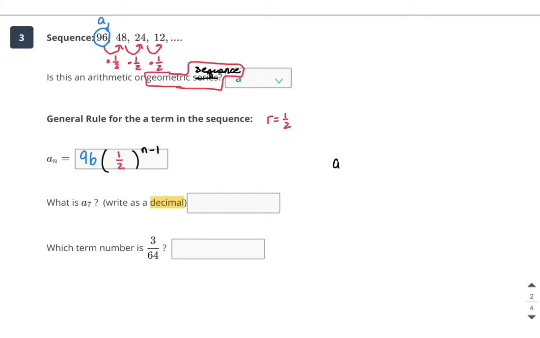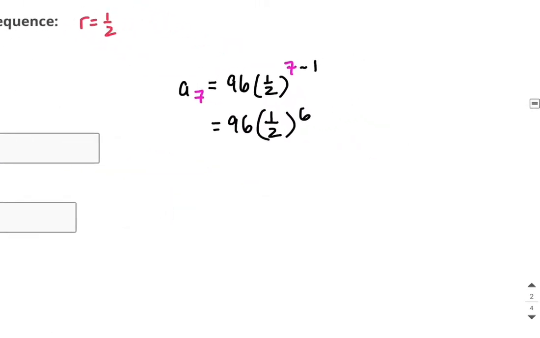So I'm going to plug in 7 into this rule. And it's going to give me a sub 7 is equal to 96 times 1/2 to the 7 minus 1 power. That's 1/2 to the 6th power times 96. I know that I have to do 1/2 to the 6th power first.